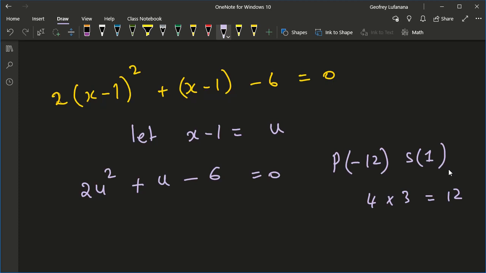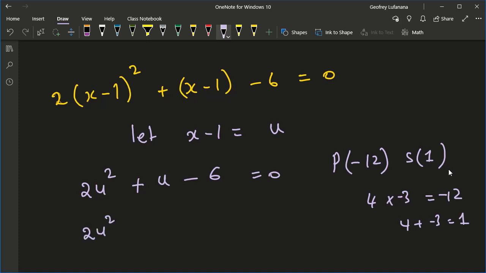So I can choose to put negative 3. So 4 times negative 3 is negative 12, but 4 plus negative 3 is positive 1. So where there is a u, I'm going to put 4u minus 3u.